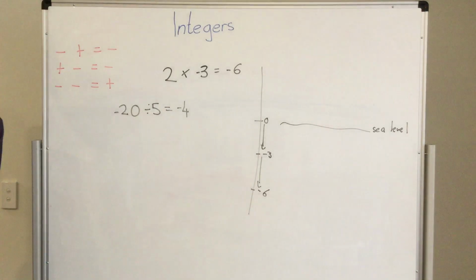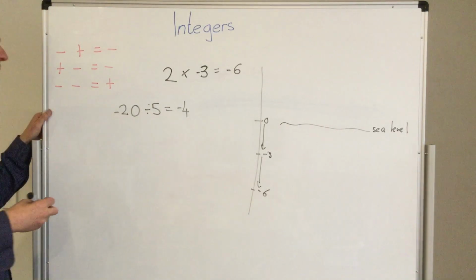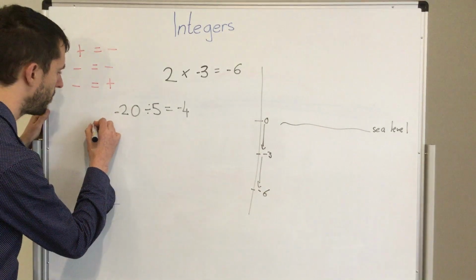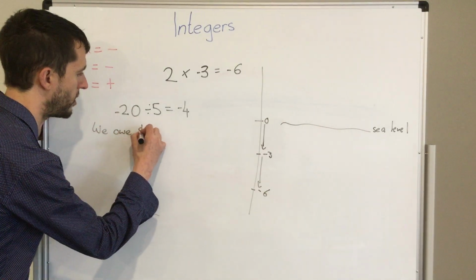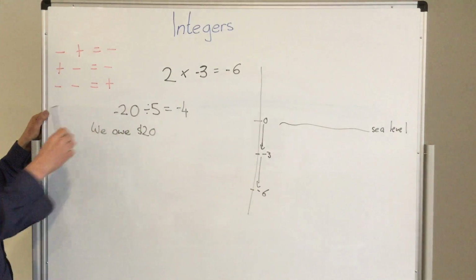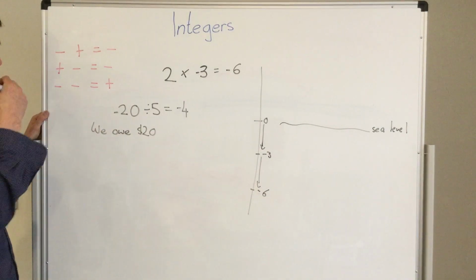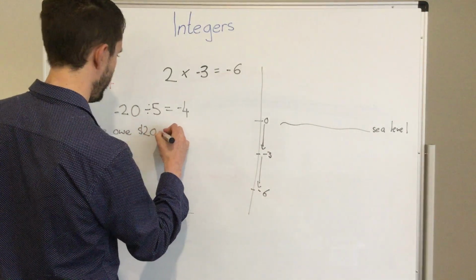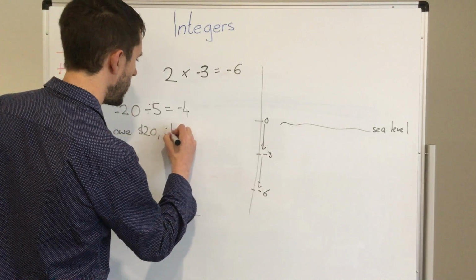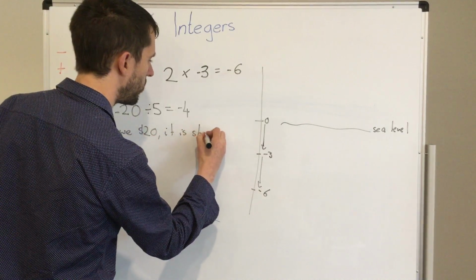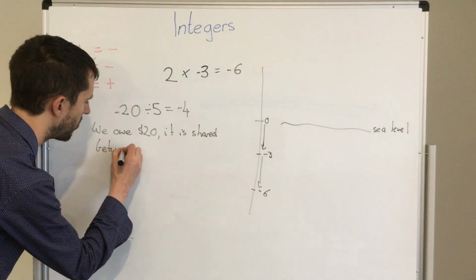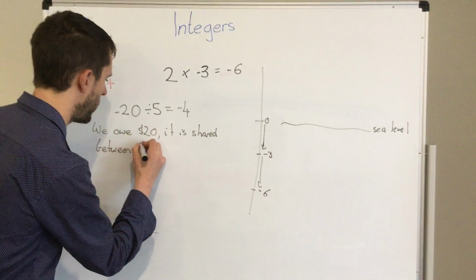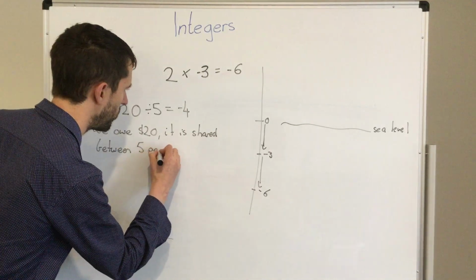And a really good example of this is saying we owe $20 and it is shared between 5 people.